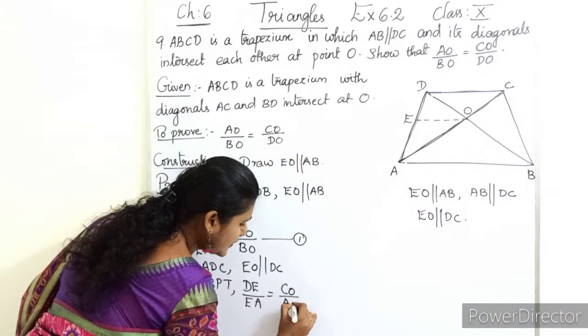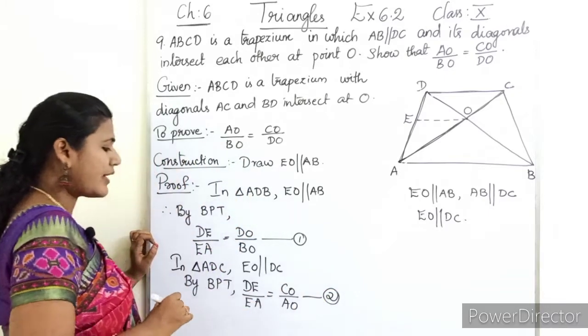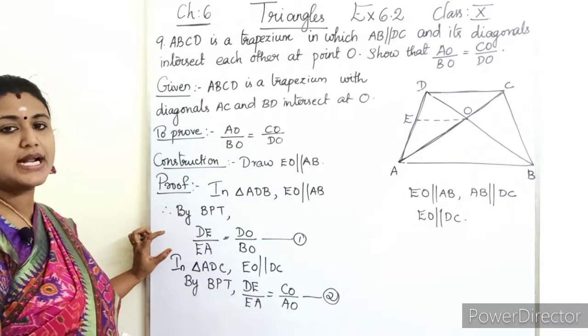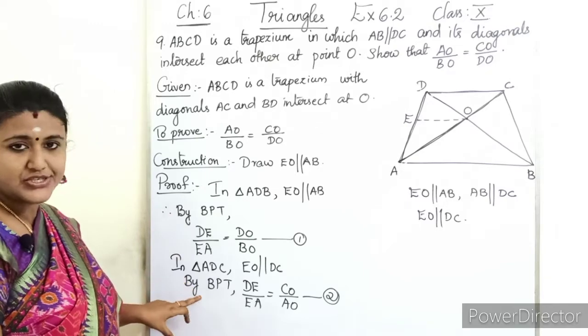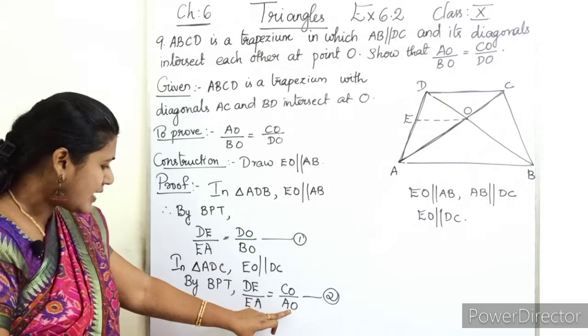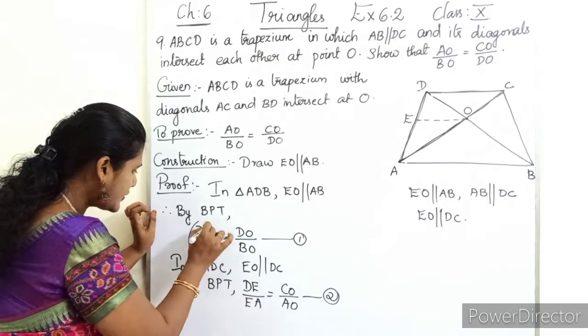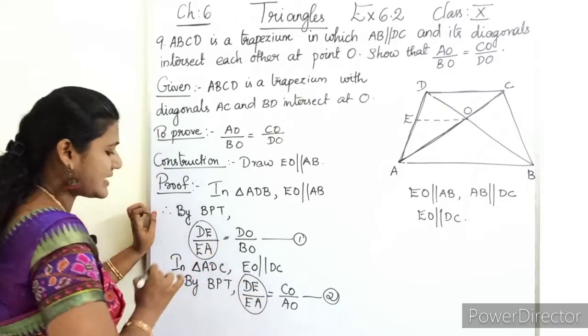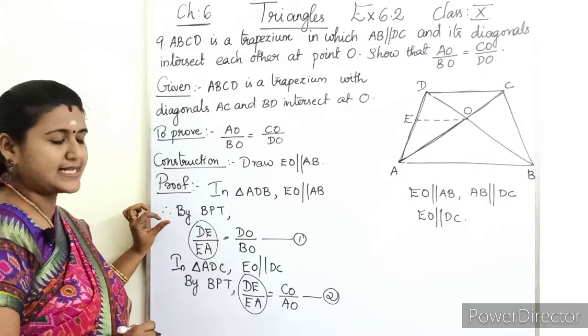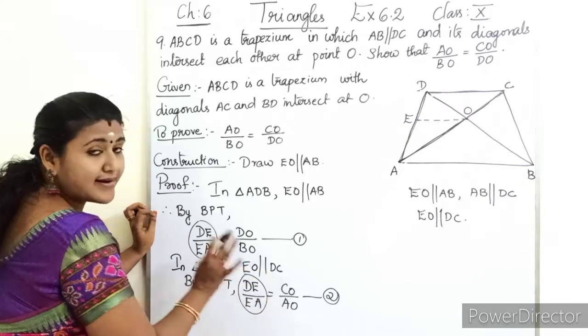So this is the second equation. Using basic proportionality theorem, we got these two conditions. Now check equations 1 and 2. Both the equations have the same left side expression, so we can equate the right sides.